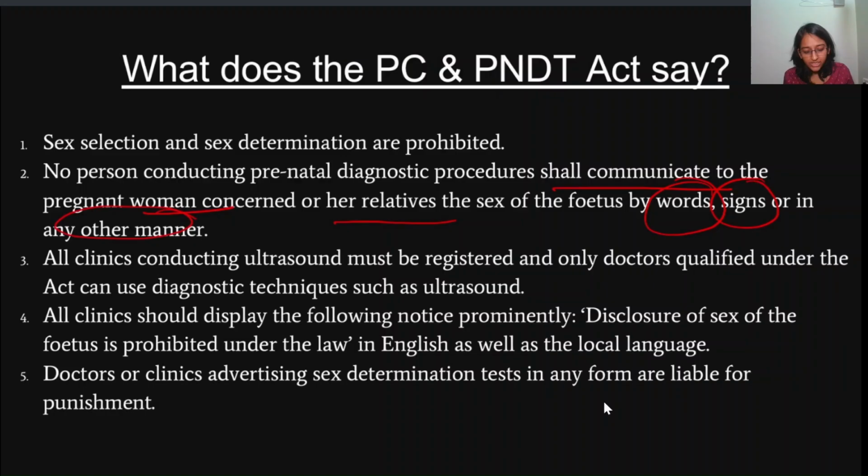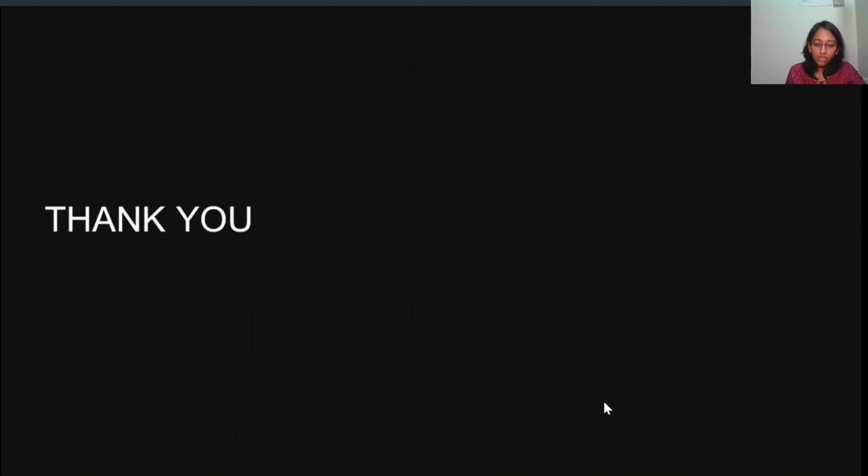Register all the machines, register all the doctors, display the registration, display the signage board in the local language and English, and do not advertise or assist in sex determination. Thank you. This was all about the PCPNDT Act, and this is a very important topic both for your practice and for your exams as well.